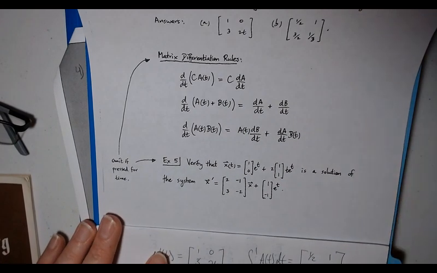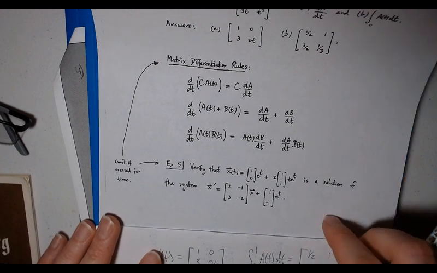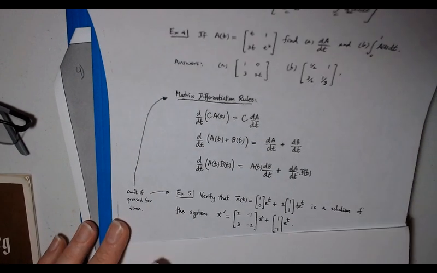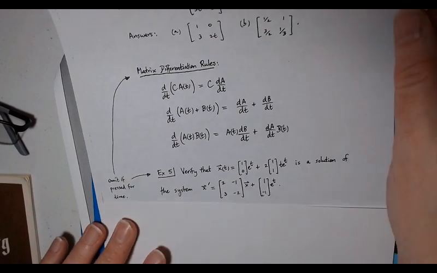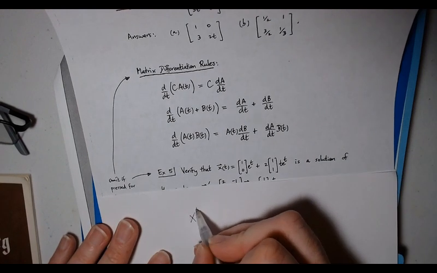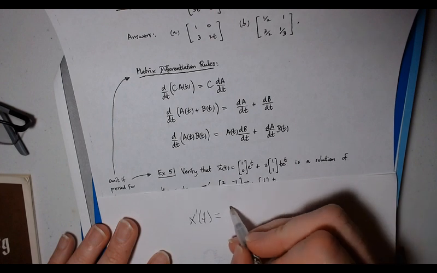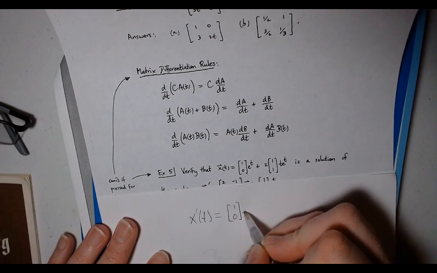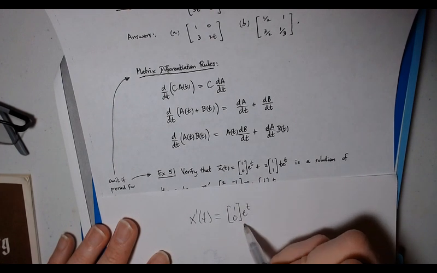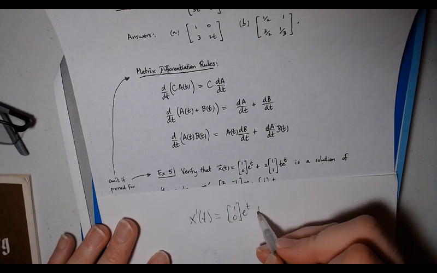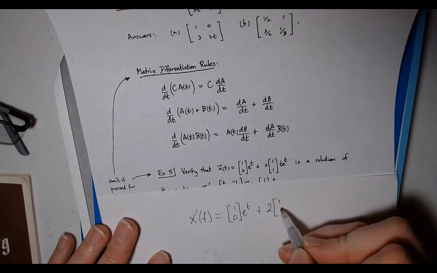And I apparently didn't grab that sheet, so let's just work it right here. So x prime is equal to 1, 0, e to the t, because this is a constant vector, plus 2 times 1, 1.